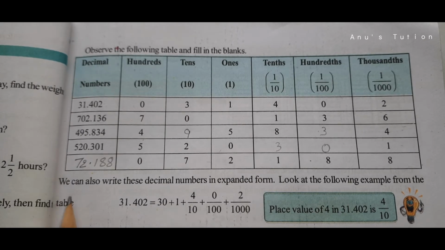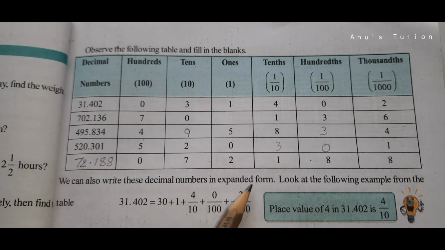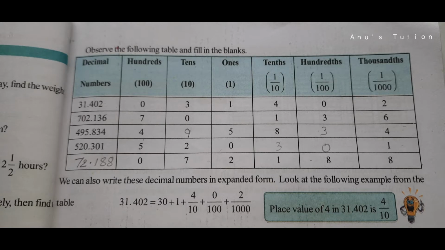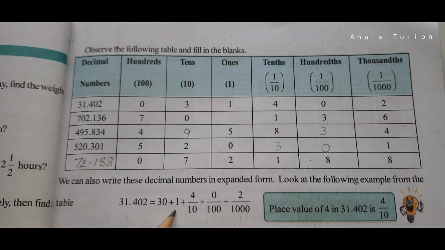Next, we can also write these decimals in expanded form. Look at the table. Take the first decimal number, 31.402. How is it written? 31.402 is equal to 30 plus 1 plus 4 by 10 plus 0 by 100 plus 2 by 1000.